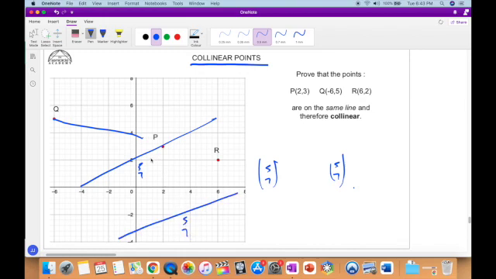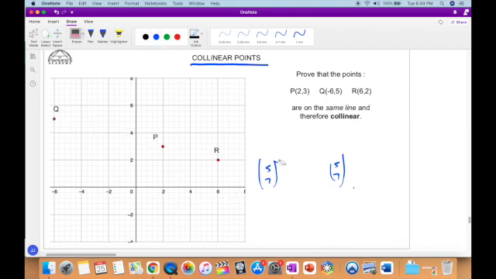So they're equal, and if they're equal, then they will be parallel, wouldn't they? Yeah. And if they're parallel, what does that mean? That means that they are going in the same direction. Yes, they're going in the same direction.